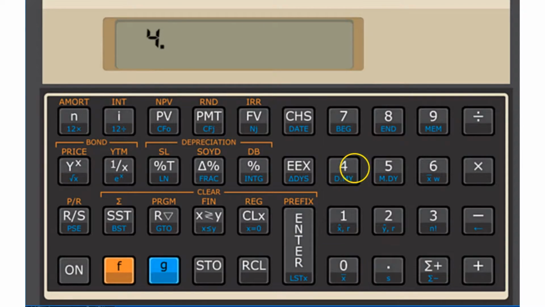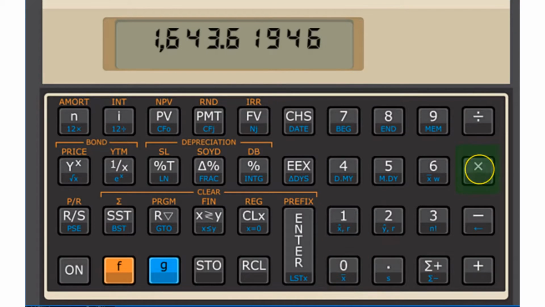I then enter the exponent to which I want to raise that number, and activate the y to the x key. And that gives me the factor that we saw in our previous example, 1.64362. We can then merely multiply that by 1,000 and get our final result, $1,643.62.